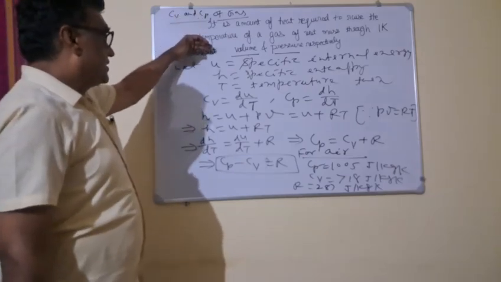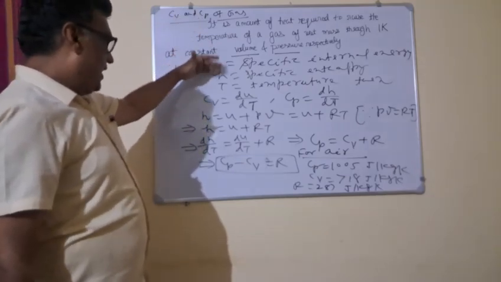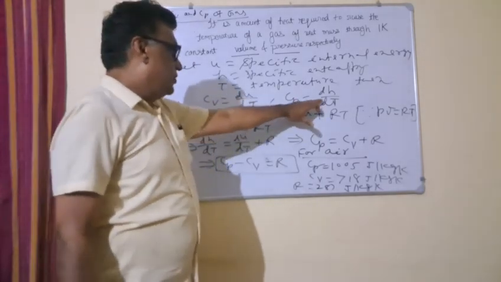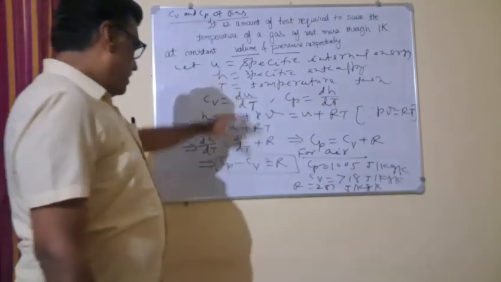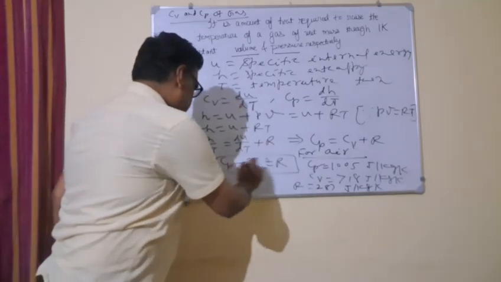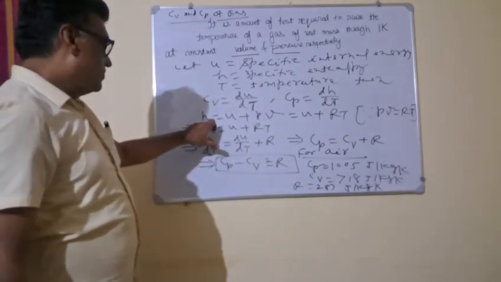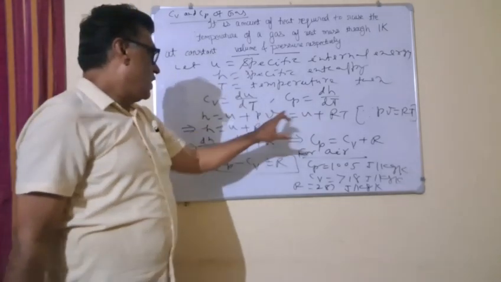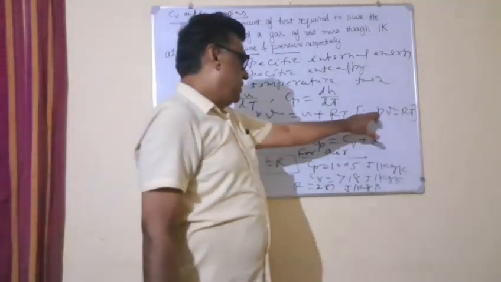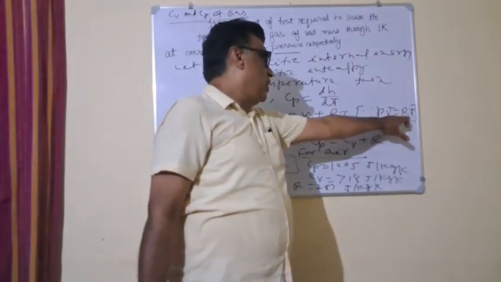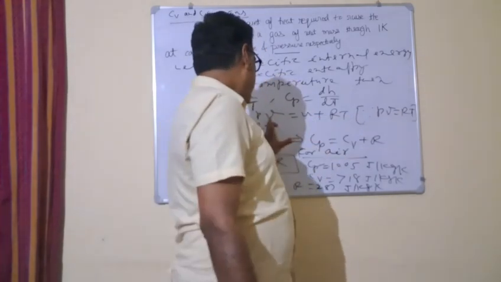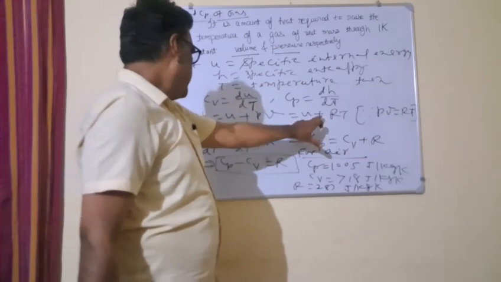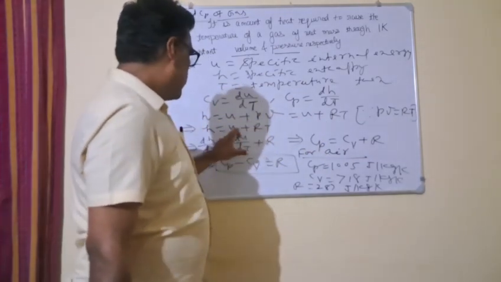The first portion indicates the definition. Second is the value of Cv in differential form, du upon dt, and Cp equal to dh upon dt in differential form. If you want to try this important derivation, Cp minus Cv equal to R, you can start from here: h equal to u plus Pv, and Pv equal to RT, the gas law. So you put RT for Pv, and we get h equal to u plus RT.